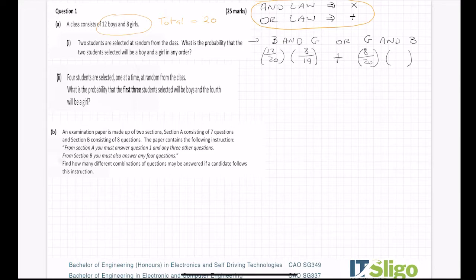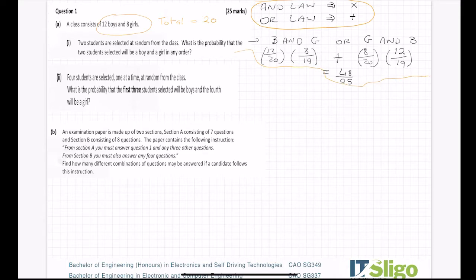The probability that it's a boy, well, if one of my students in my class is here, then I've only 19 students left in the class to choose from, and 12 of these meet the condition that they are boys. Okay, so if you put that into the calculator, you will get 48 over 95 as your probability. And we tend to leave probability as fractions rather than rounding it in a decimal format.